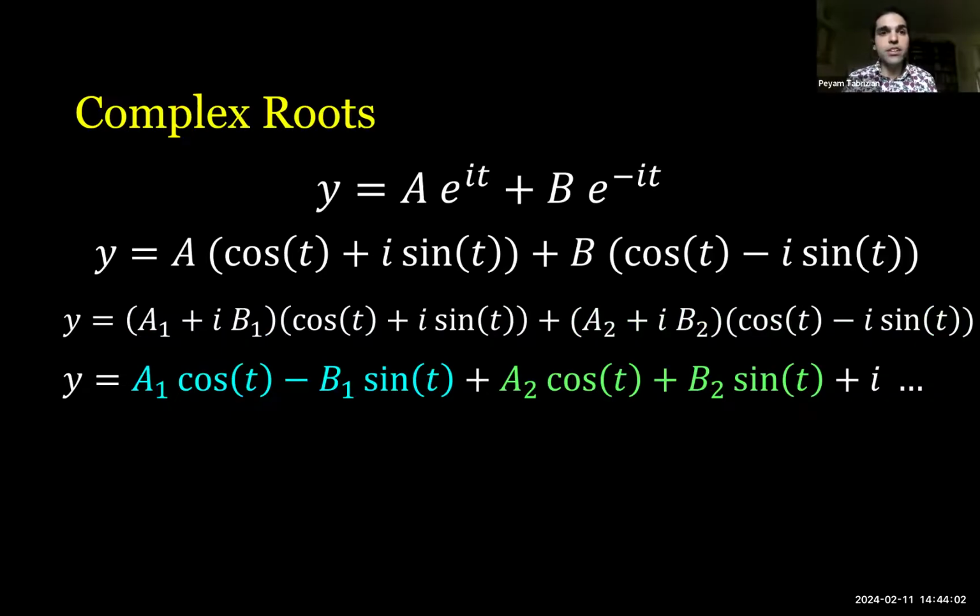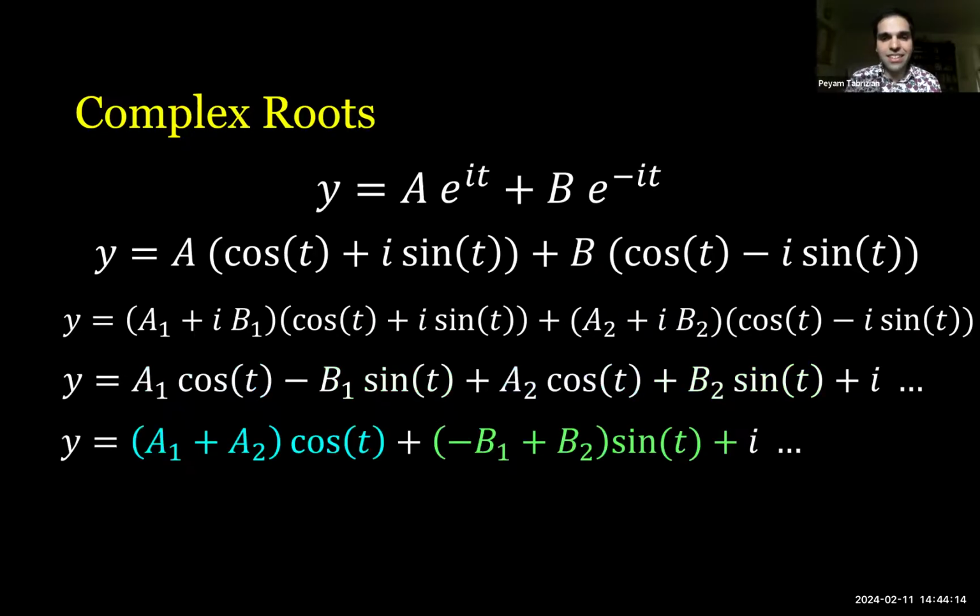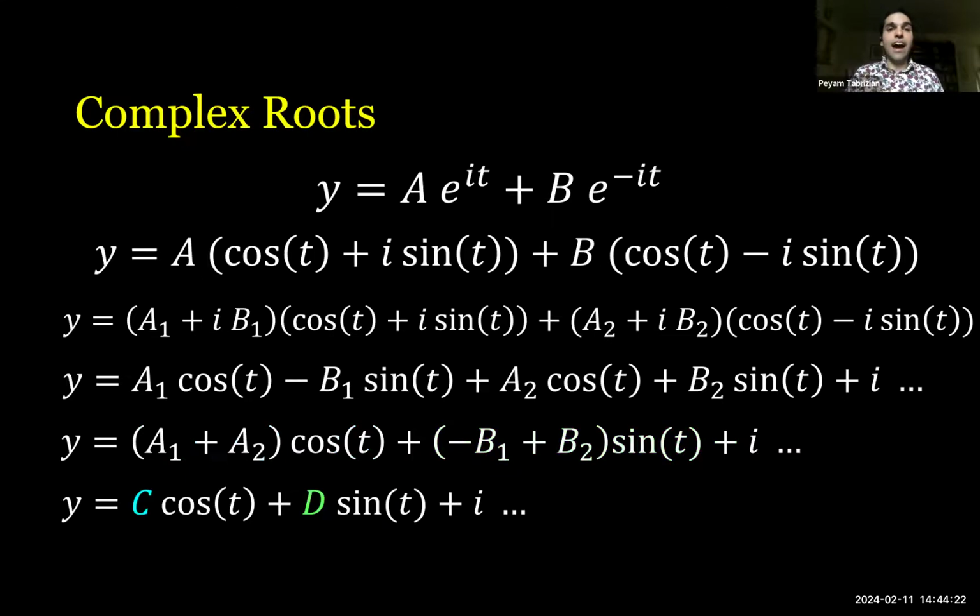Again, just keeping the real parts because we won't really care about the complex parts. And notice what is nice, the cosines factor out, the sines factor out. So let's do that. I know lots of algebra, but the point is then what you get is that y is in fact a real linear combination of cosines and sines plus some purely imaginary parts.